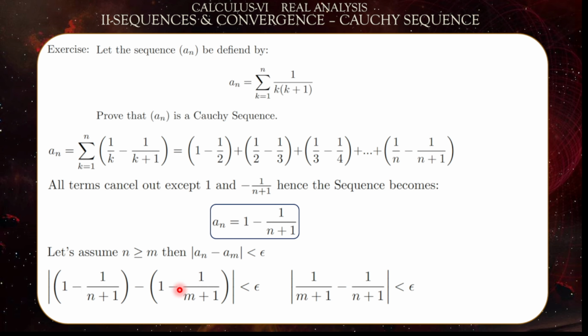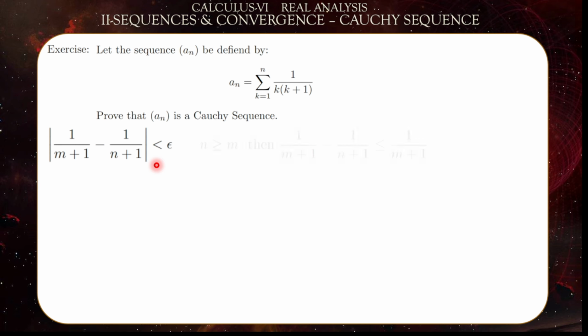The 1 minus 1 cancel each other, so you end up with the absolute value of 1 divided by (m plus 1) minus 1 divided by (n plus 1) is less than epsilon. With n greater than or equal to m, 1 divided by (m plus 1) minus 1 divided by (n plus 1) is less than or equal to 1 divided by (m plus 1), since 1 divided by (m plus 1) would be bigger than 1 divided by (n plus 1).